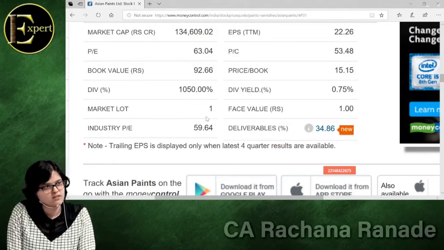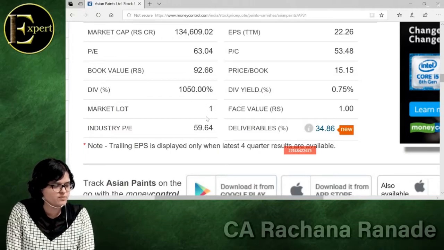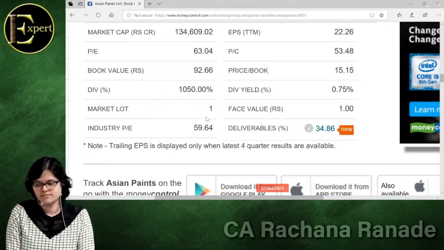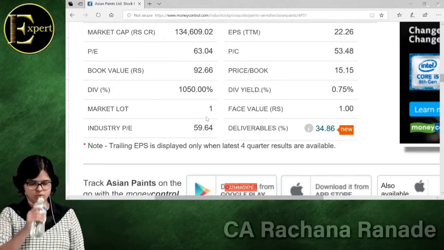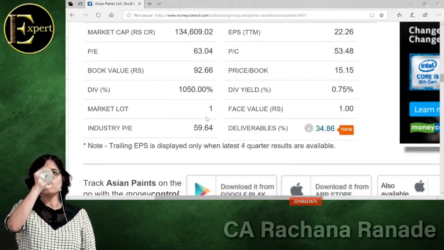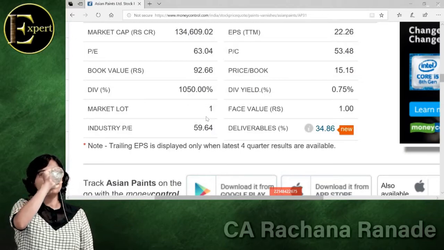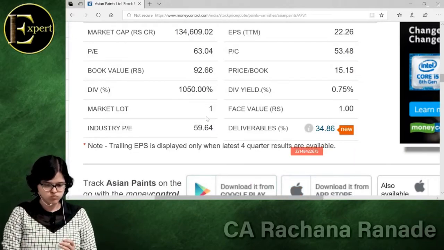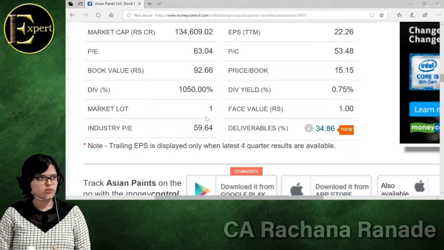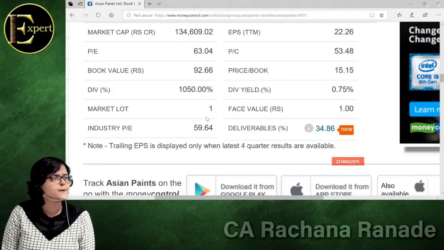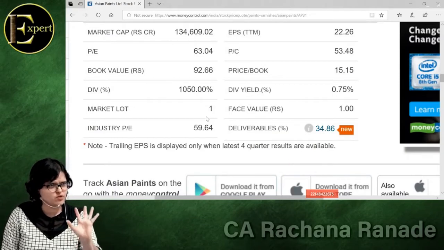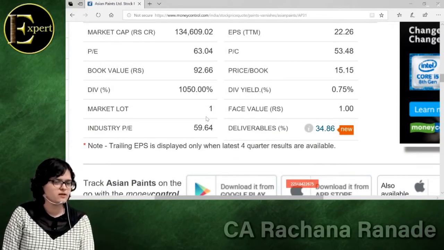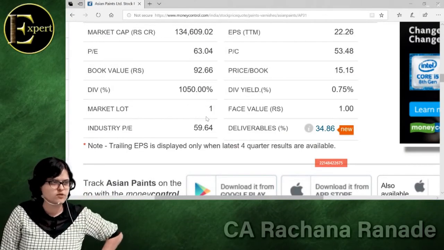If company's PE is less than industry PE, then what? Buy or sell? Then we should buy or then we should sell? Ideally, we should buy. Then ideally, it's a buy call, or we should buy.